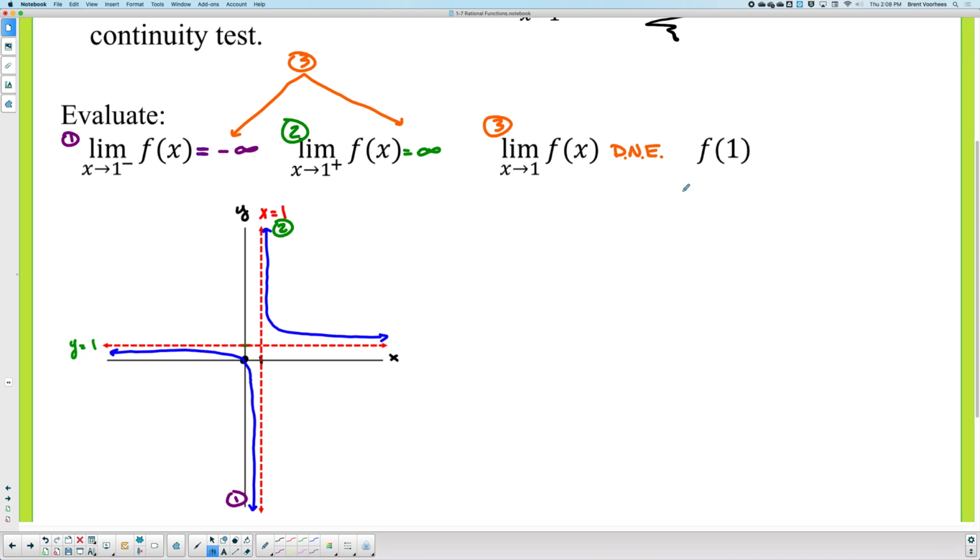That means where is the graph actually at 1? Where is the blue graph at 1? Is it actually there? Not there at all. This would be undefined. Let me change my color. f of 1 is undefined. That's because it's not there at all. Now, are these the same all the way across? Did we get the same value all the way across?